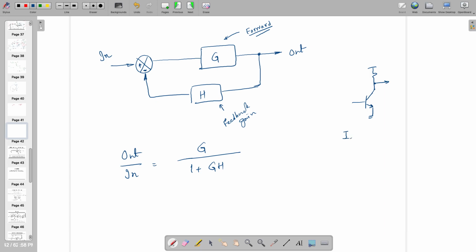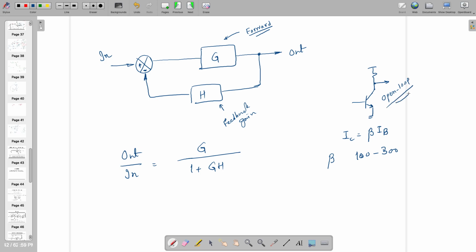Do you remember IC is equal to beta IB? And you must also know that beta varies from something like 100 to 300. So how much difference you can see? Sometimes 100 times, sometimes 300 times the base current you are going to see in open loop condition.